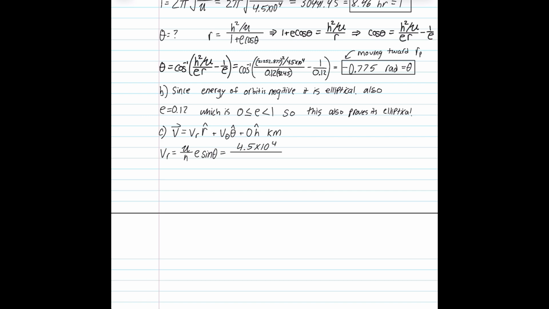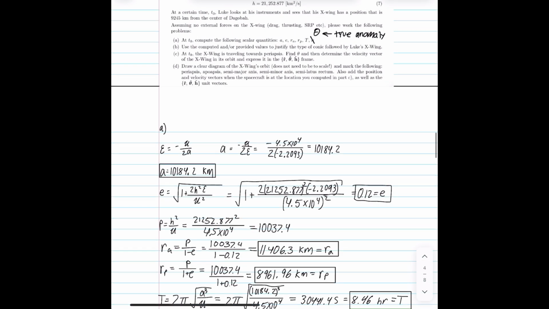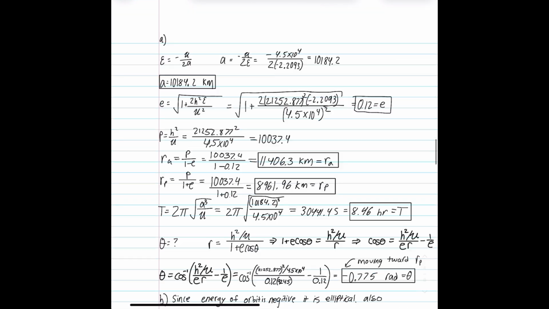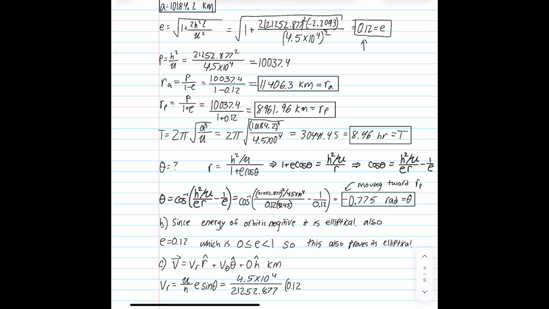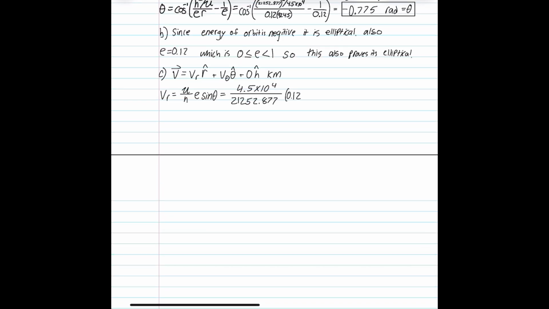and we already found e, and h is this value, which they gave in the problem statement, right there. And e is 0.12, sine of theta, which we found above right there.